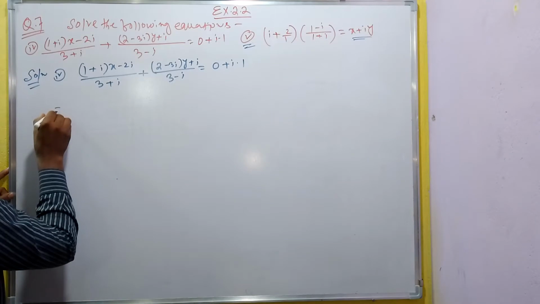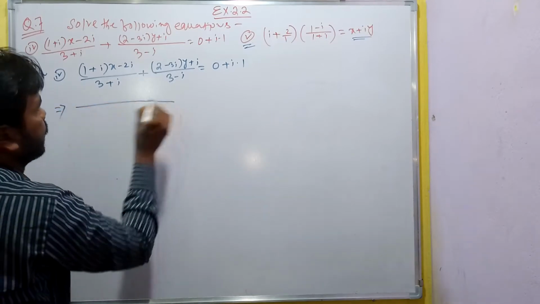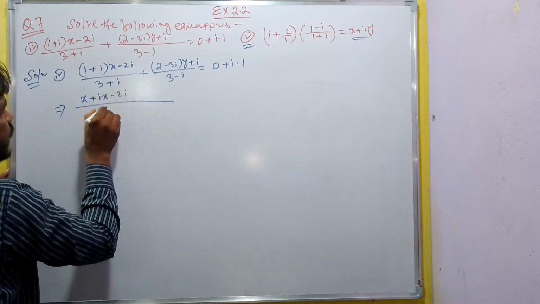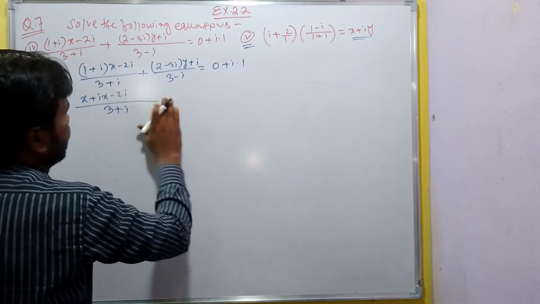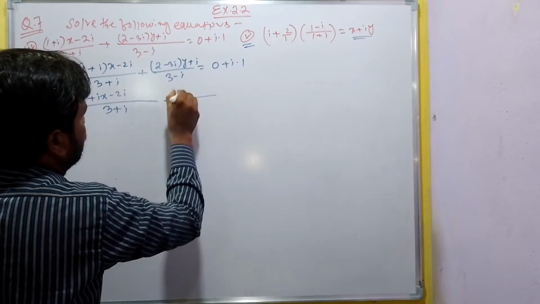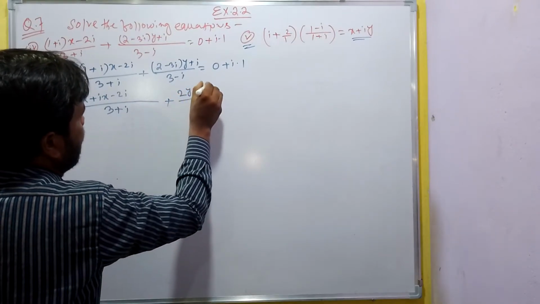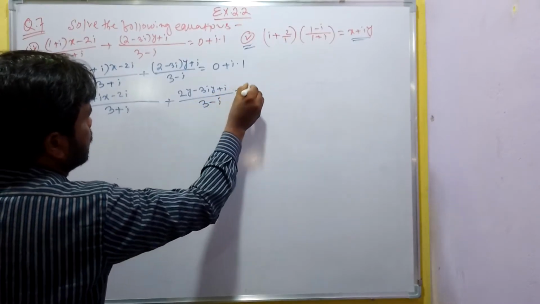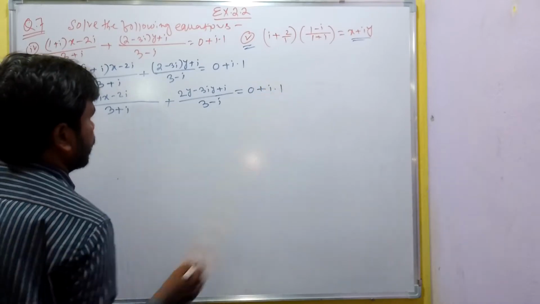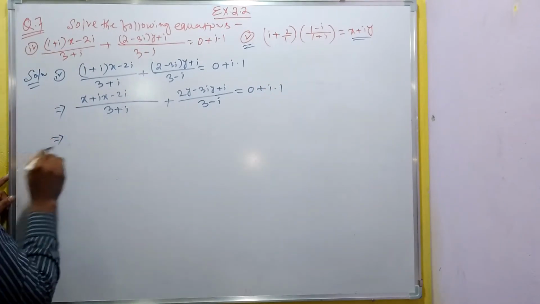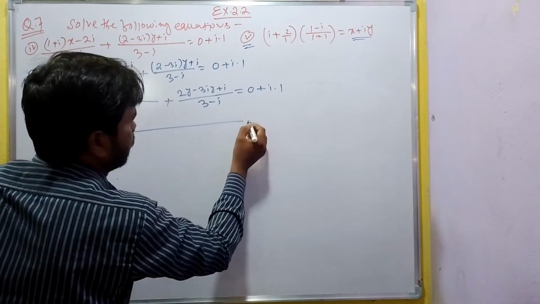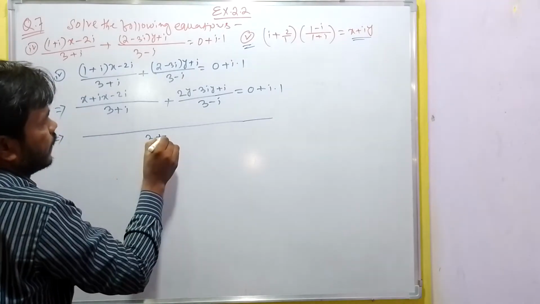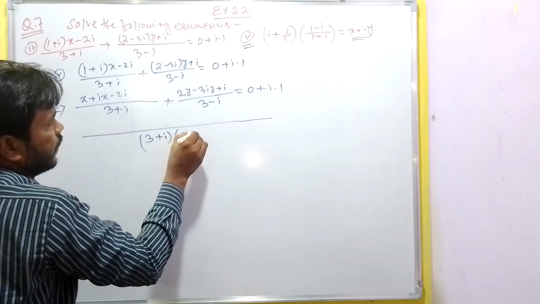Okay, we have x + ix − 2i over 3 + i, plus 2y − 3iy + i over 3 − i, equals 0 + i·1. Now you take the LCM. So what happened here, you can write (3 + i)(3 − i).